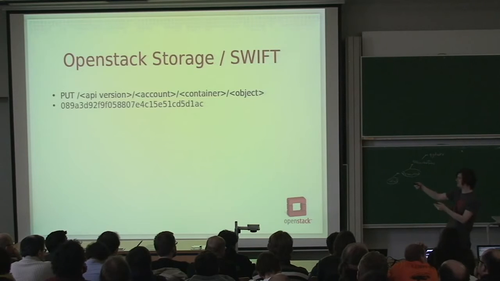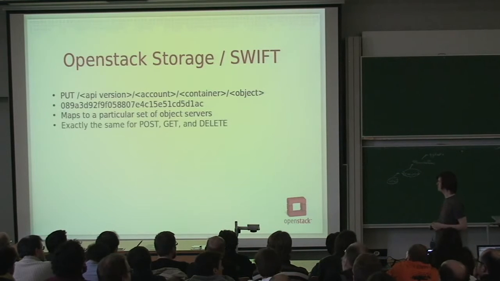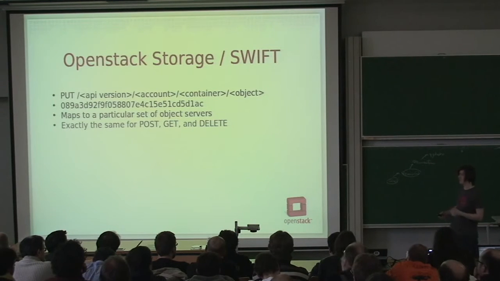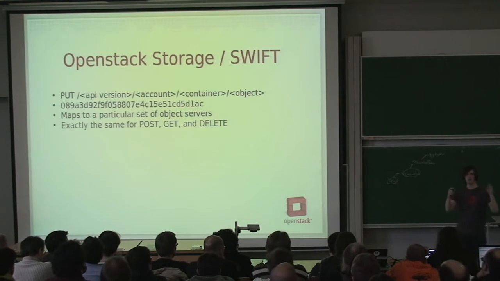It knows where to put it when you're putting it, and it's the exact same thing for the PUT request, which maps to a particular set of object servers, and it's the exact same thing for POST, which you use to change the metadata for the object, and the same for GET and DELETE. So when you get something, it knows which 3 servers it can find it on, does its thing, and sends it back to you. And if it needs to delete it, it goes into the servers, removes the files, and then puts a tombstone file there instead.